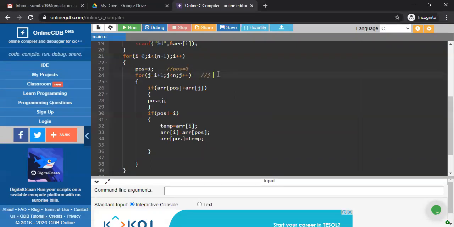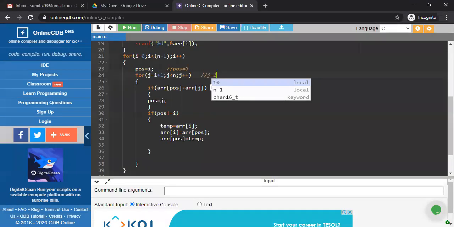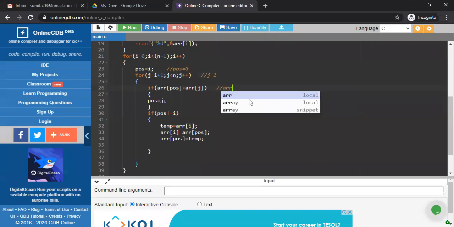What is the J value? J value is 1. Then in that particular case, what happened? Ma'am, we are checking. The condition is true, right? 1 is less than n, no problem with that. So the compiler moves to this place. Here ARR0, because position value is 0.